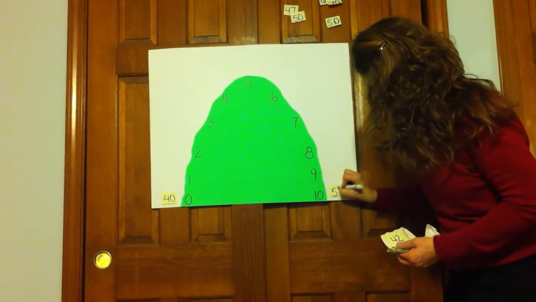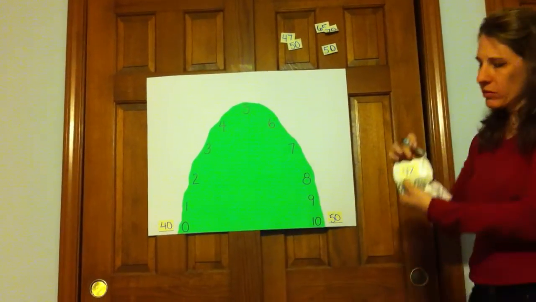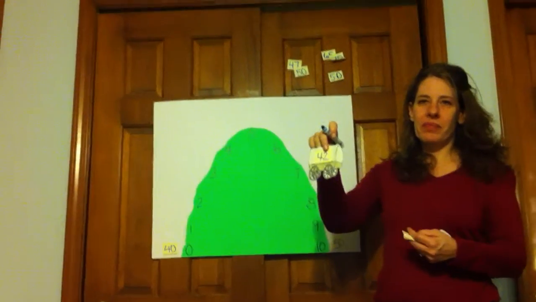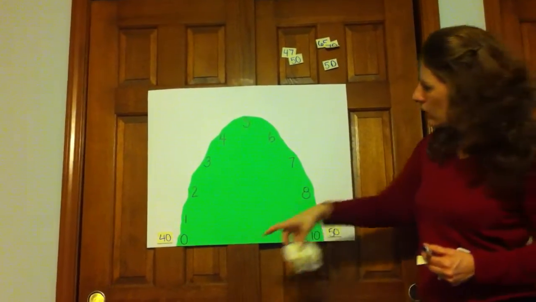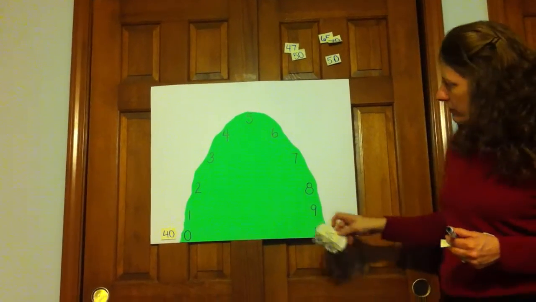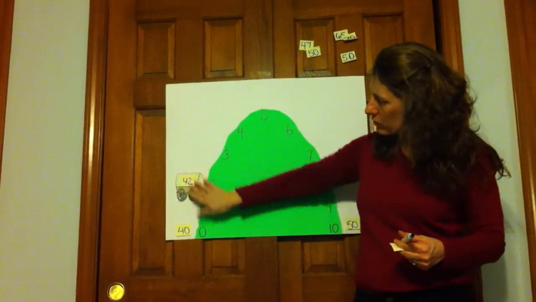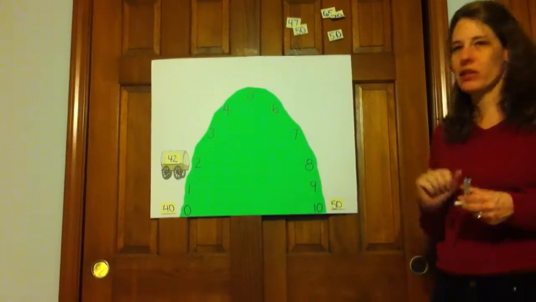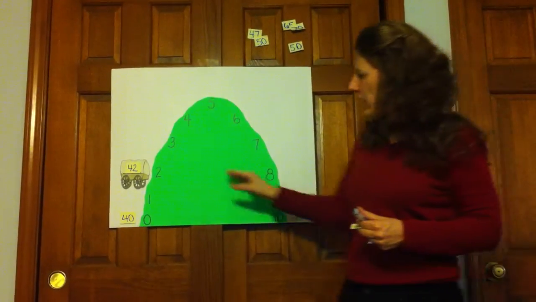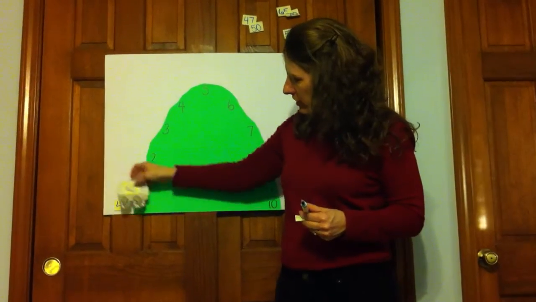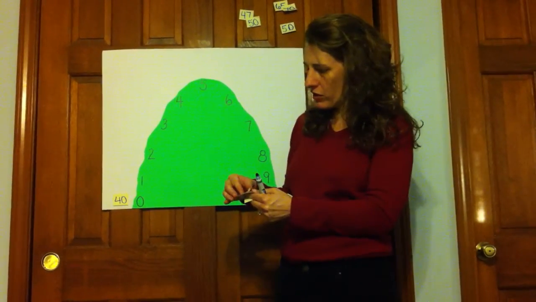Very good. What number's in the ones place for this number? 2. So we want to know if it's going to round to 40 or round to 50. How far up does it go? To the 2. Is it going to roll back down or is it going to roll forward? It's going to roll back down to the 40. So 42 rounds to 40.